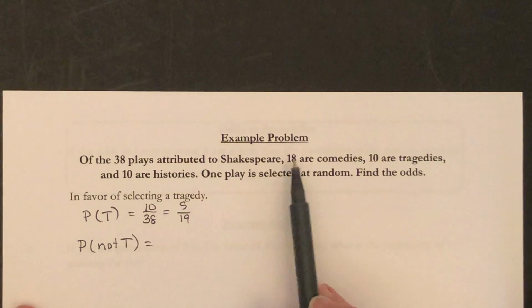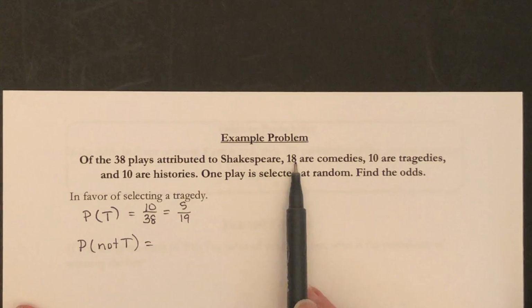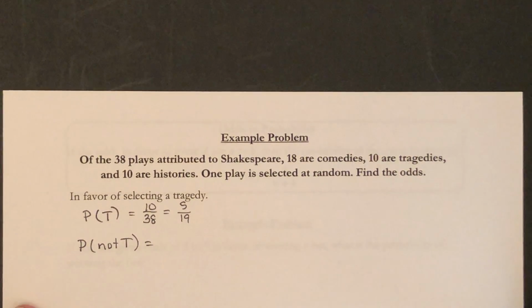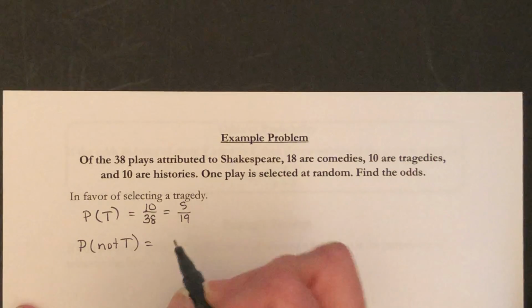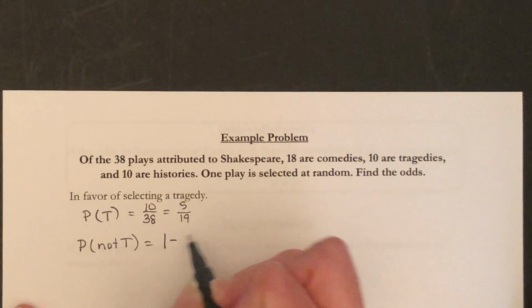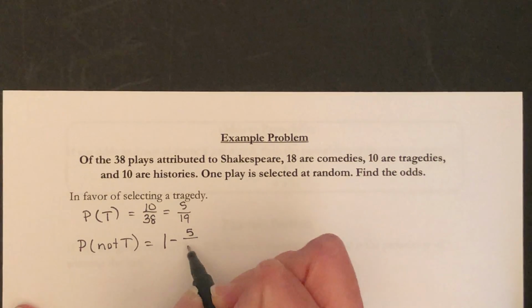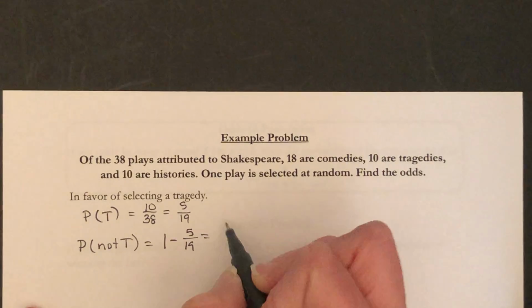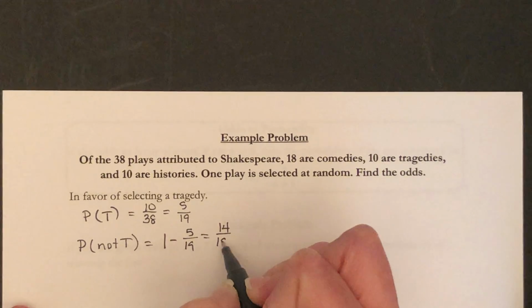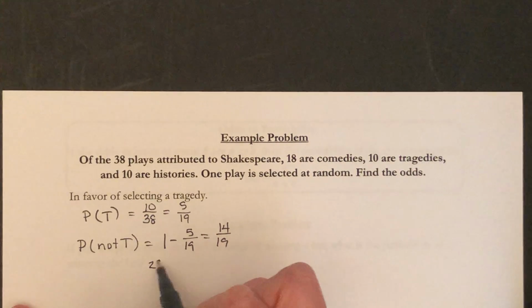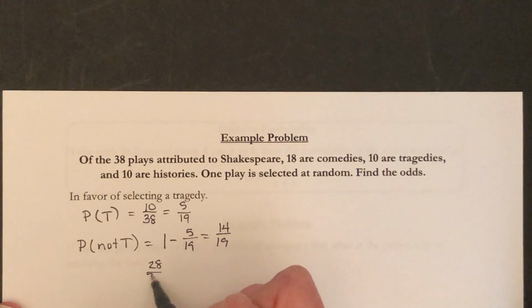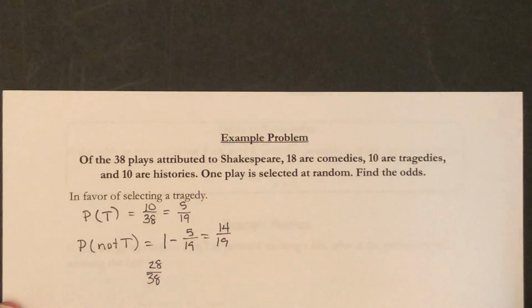You can add up 18 comedies plus 10 histories, so it would be 28 out of 38. But when we want to find the probability that it's not something, we can also do 1 minus 5 over 19, which gives you 14 over 19. And by the way, if you had done it the other way, 28 over 38 reduces to that. So it's the same thing.